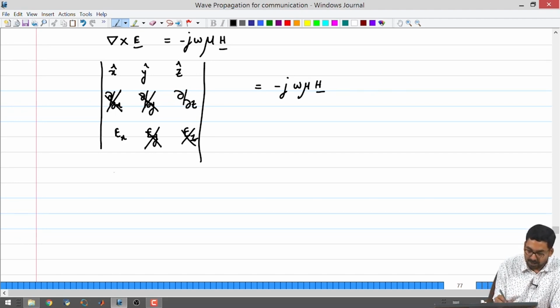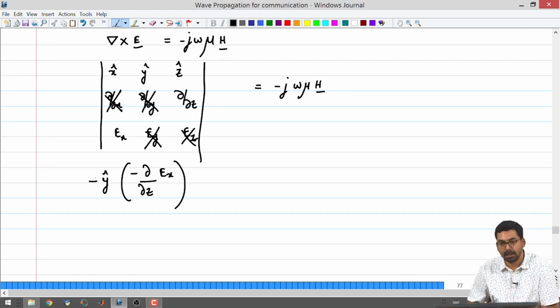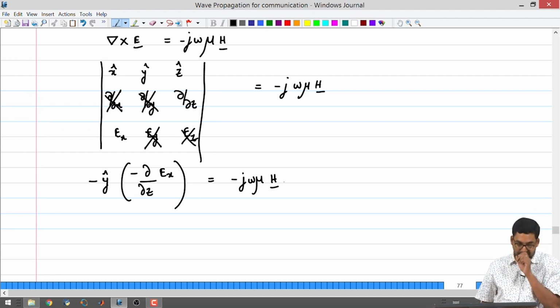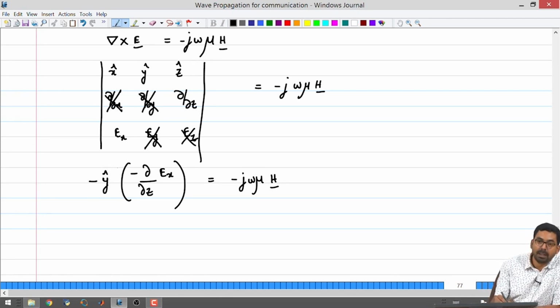This means that I can write down the left hand side to be y hat, minus dou by dou z of Ex, y hat, oh it is minus y hat times minus dou by dou z Ex, is equal to j omega mu H, which already tells you that the direction of the magnetic field can only be y, because on the left hand side I have the unit vector for y direction.